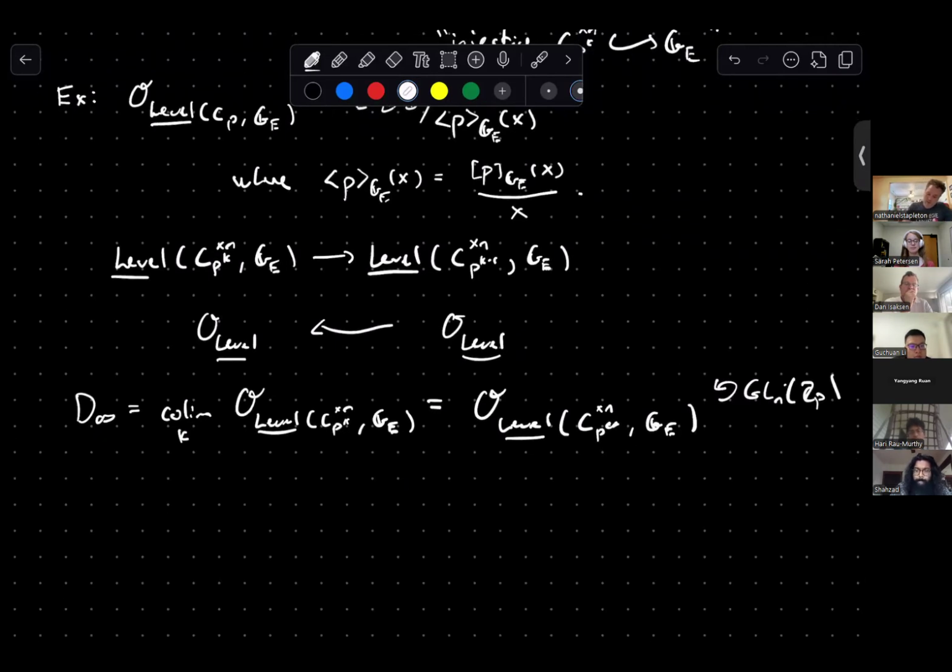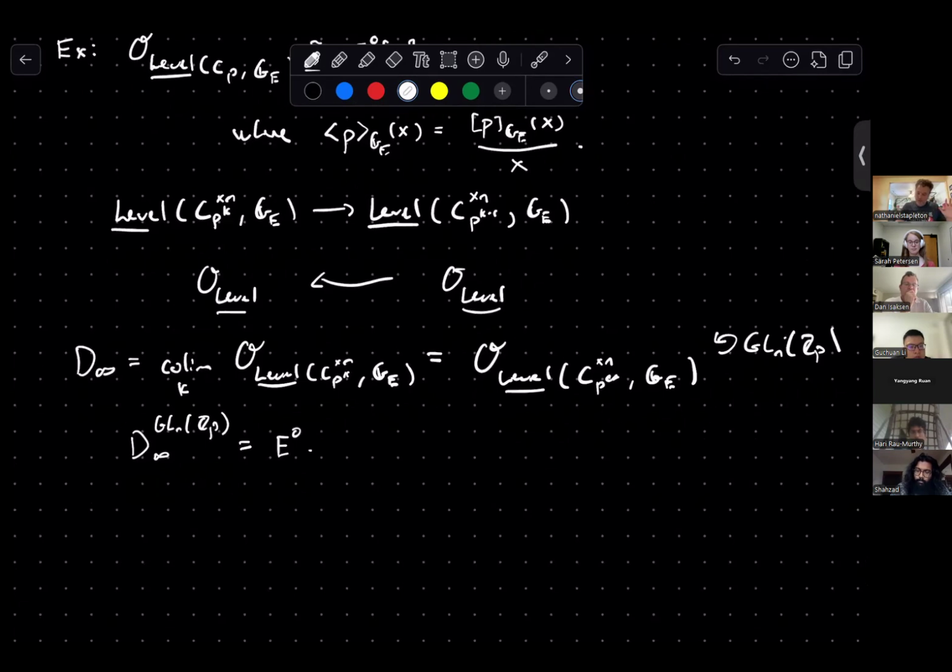And in fact, the fixed points for this action are the Lubin-Tate ring itself. Okay. And the ring C0 that's going to play the role of our coefficients is Q tensor D infinity, just the rationalization of this ring.